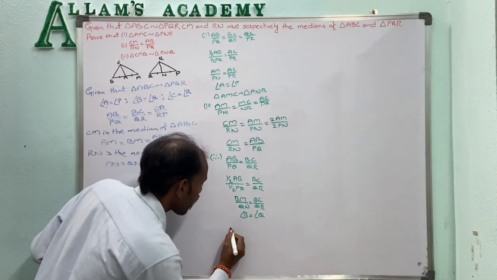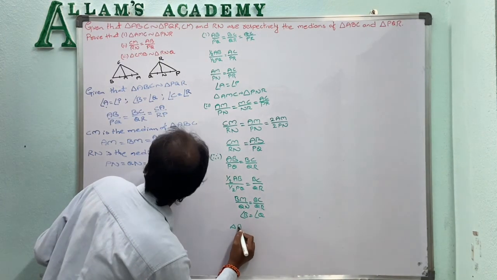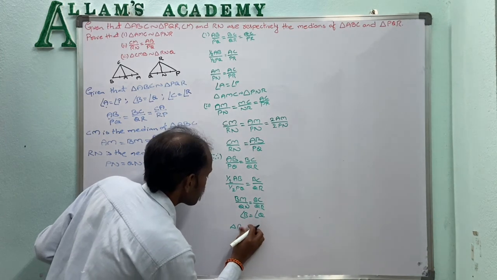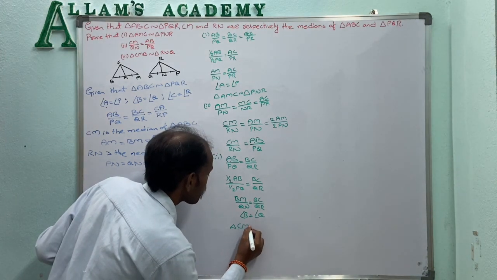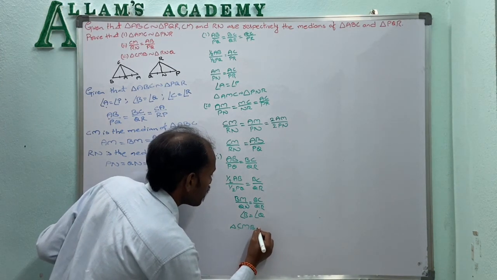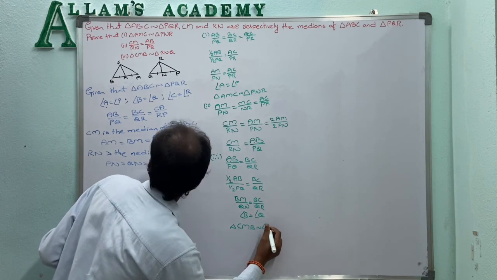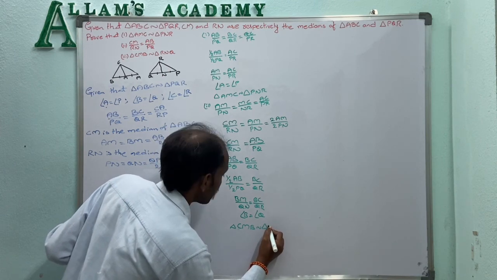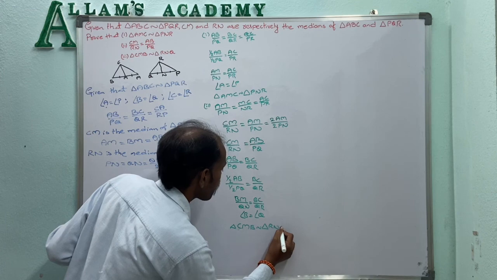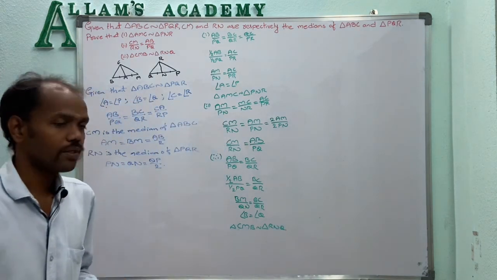So here we conclude that triangle CMB is similar to triangle RNQ.